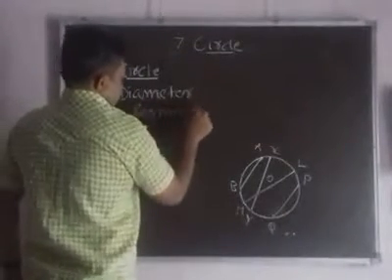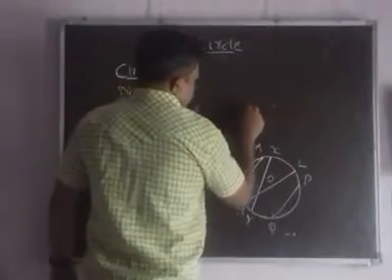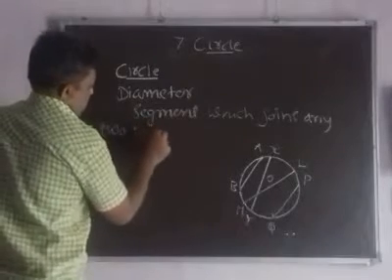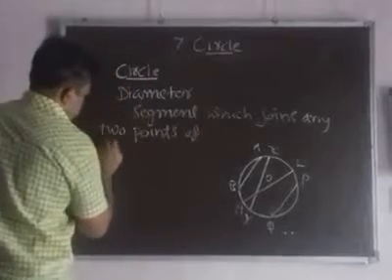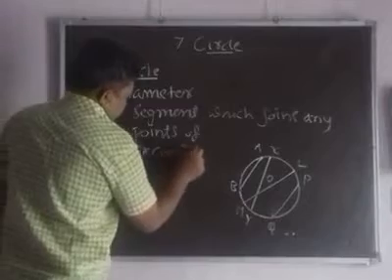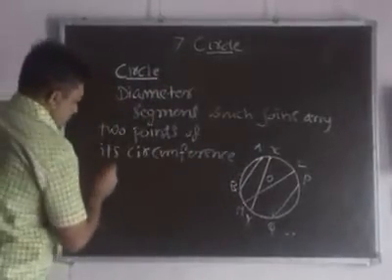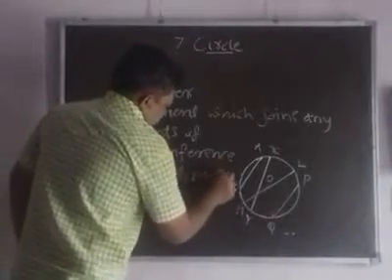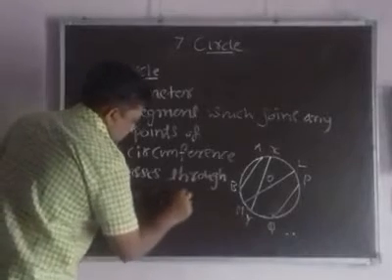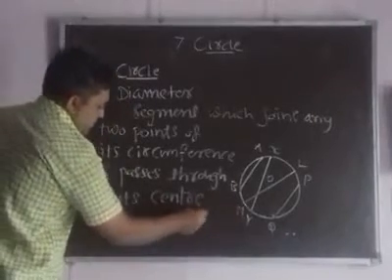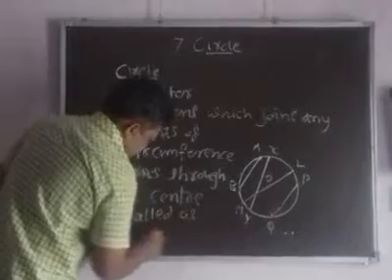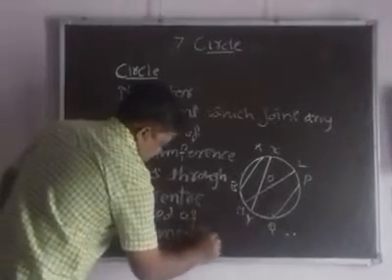Diameter is a segment which joins any 2 points of its circumference and passes through its center, and is called a diameter.